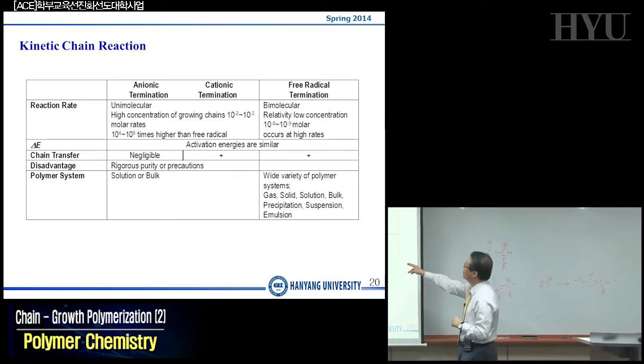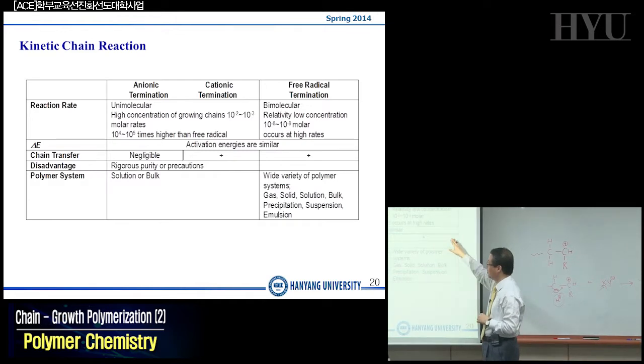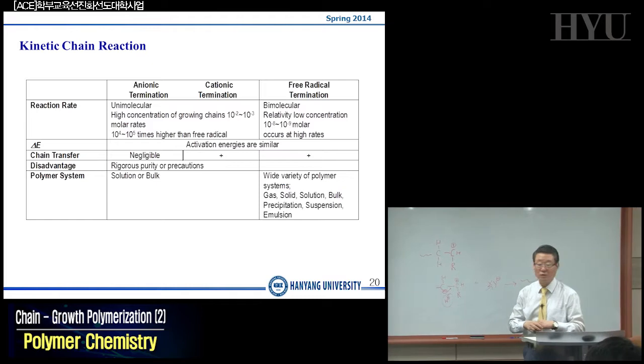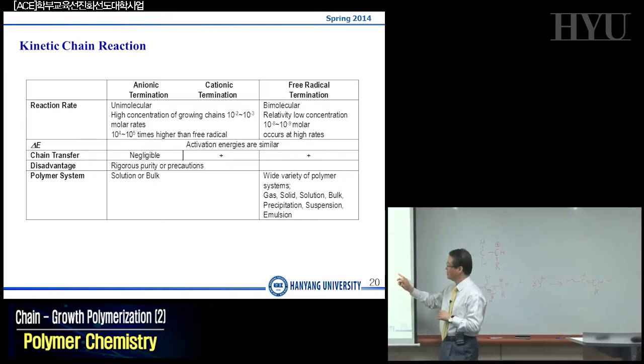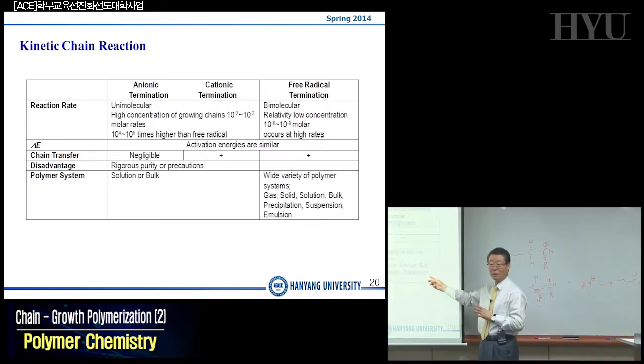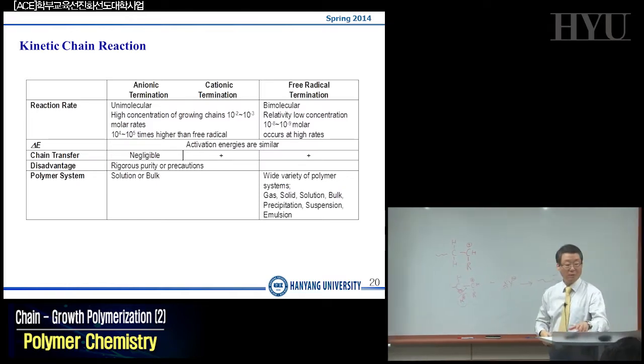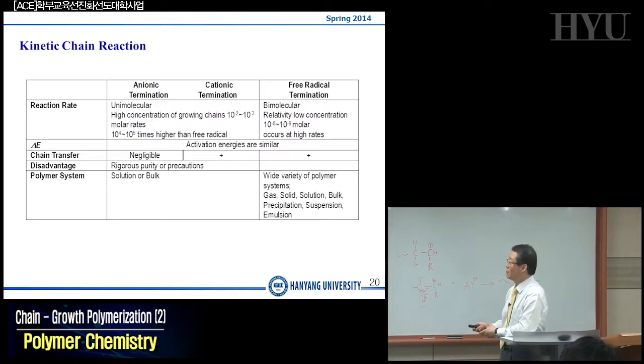And all of them, the free radical polymerization is possible with a variety of types of polymerization systems, whereas in anionic and cationic polymerization reactions, you cannot use the emulsifier or the suspension polymerization reactions. So there are some differences and limitations in ionic polymerization reactions, but in order to form the block copolymer, you have to proceed with the ionic polymerization reactions.